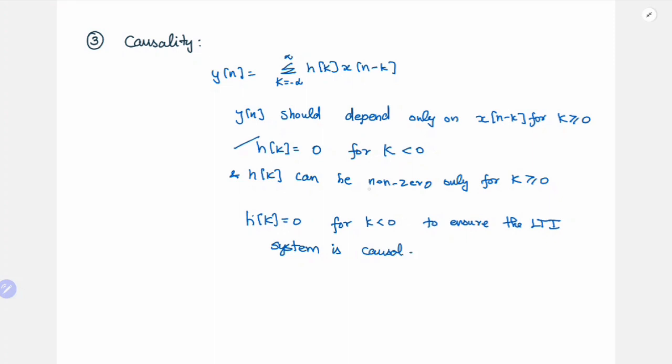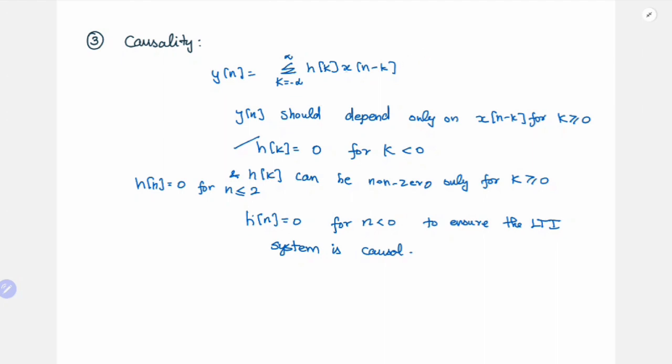So why I state this is, even if h of 0 is 0, it can still be causal, right? So if h of n is equal to 0, let's write in terms of n only, for n less than or equal to, let's say 2, it is still causal because your y of n is depending on signals like x of n minus 3, n minus 4 and so on.